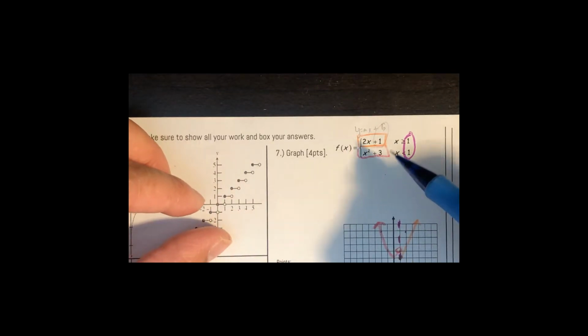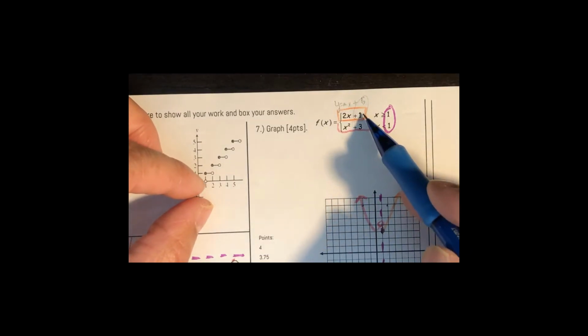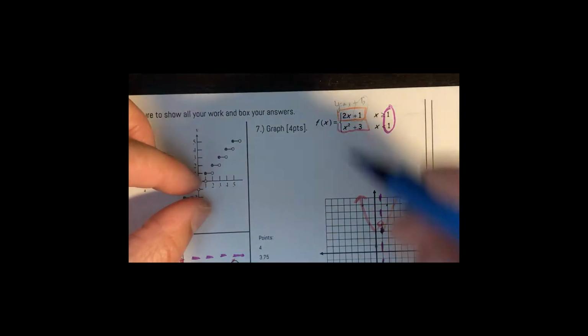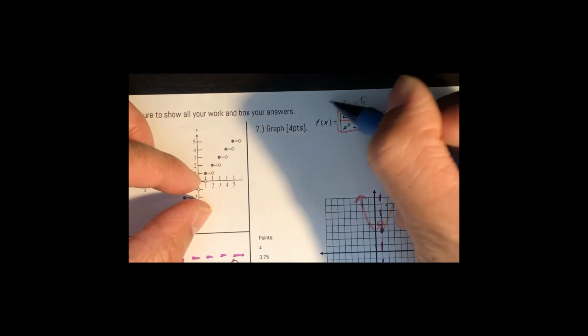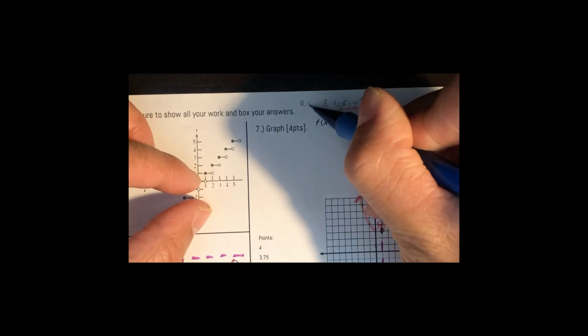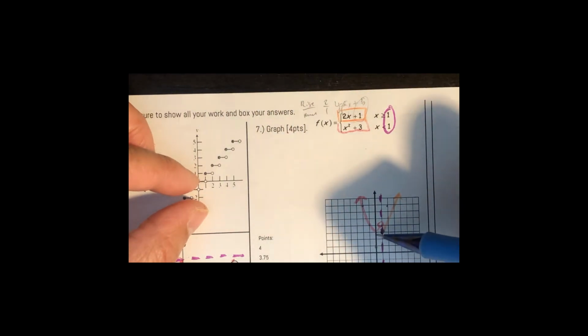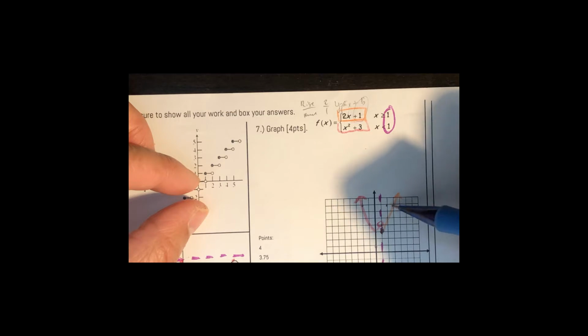So my graph's going to start at 1 here. And then the m is 2 over 1, so that would be a rise of 2 and a run of 1. That would be up 2, right 1. Up 2, right 1. Up 2, right 1.